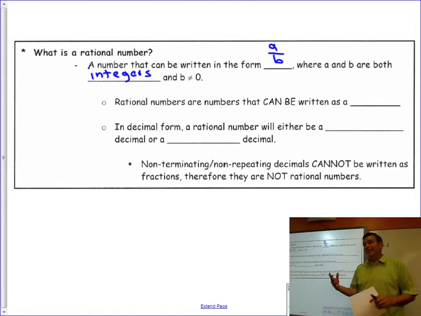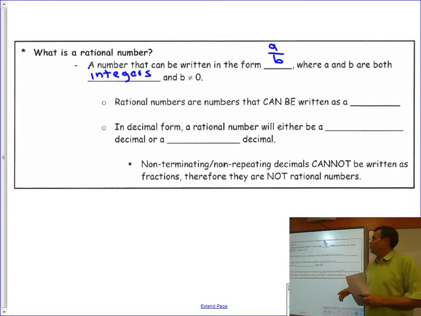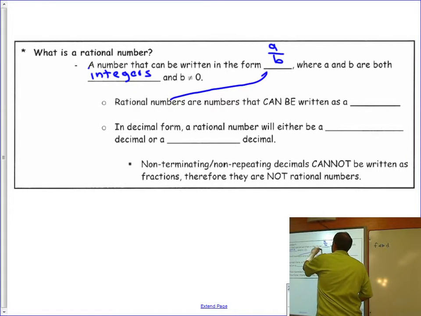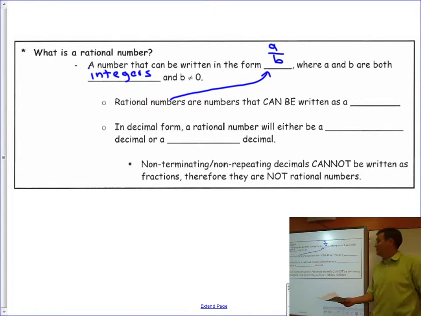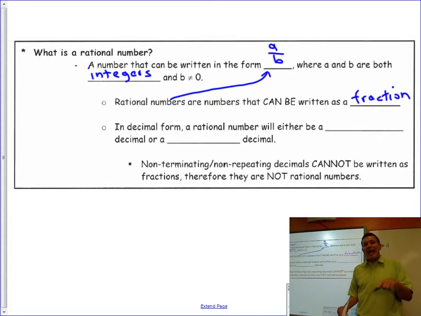I think that's a little bit of a mathematical definition. I think a simpler way to say it is: rational numbers are numbers that can be written as a fraction. If a number can be written as a fraction, that's what makes it rational.